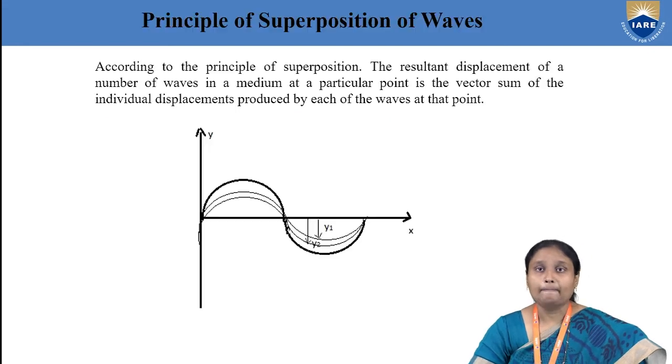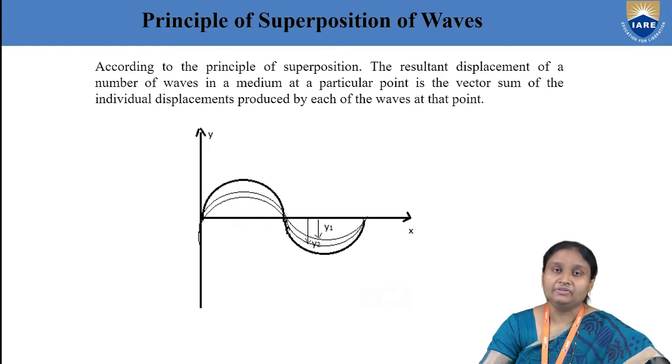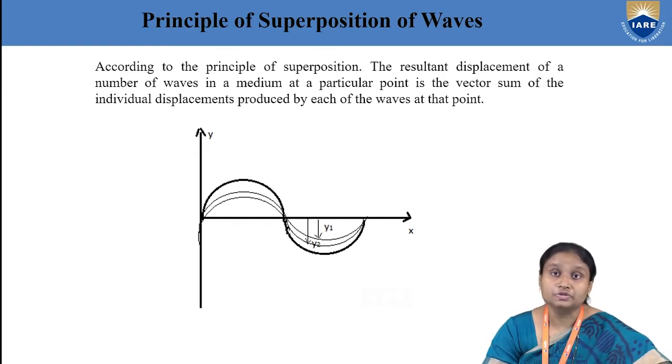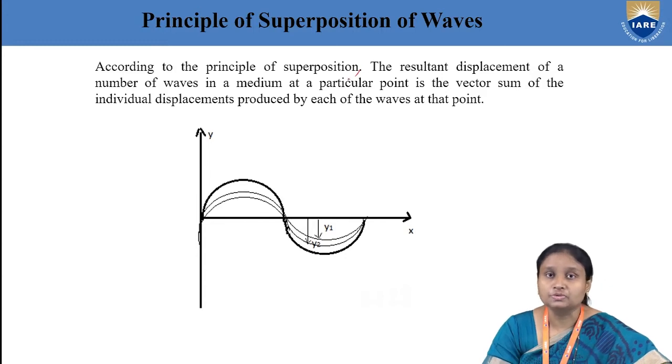Now next, we'll come to phenomena related to light waves. Here we are talking about the principle of superposition of waves. So what is the principle of superposition of waves? According to this principle, suppose in a medium we have many waves traveling, and these waves are overlapping with each other.